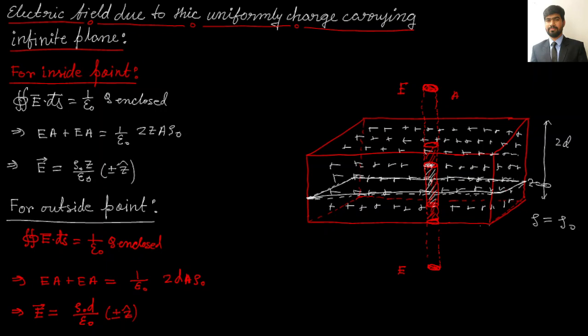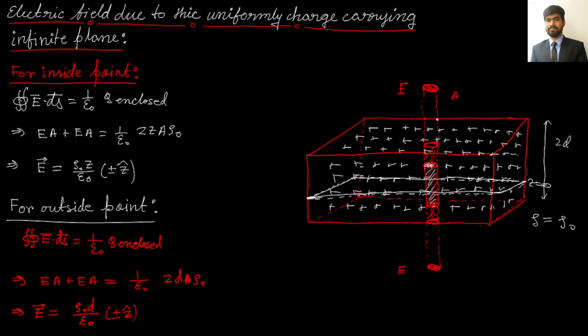dependent on the distance from the mid layer, because as you increase the length of this Gaussian surface within this layer, the enclosed charge will increase, and because of that the magnitude of the electric field will also increase.